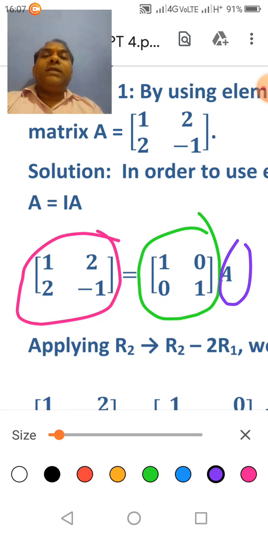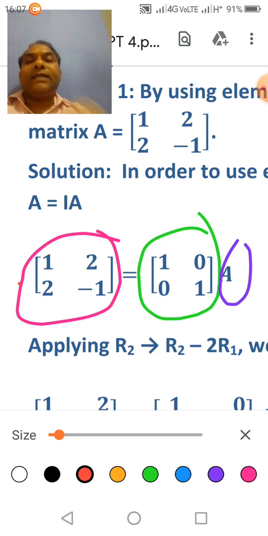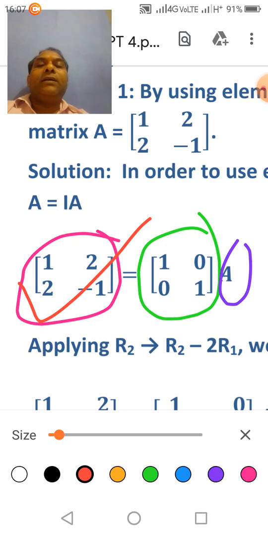Now, by using row operations, you have to convert LHS into identity matrix. Clear? And also you have to remember, you have to operate both sides with the same operations. Clear? And when we use row elementary operations, then we have to convert the LHS into identity matrix column wise.